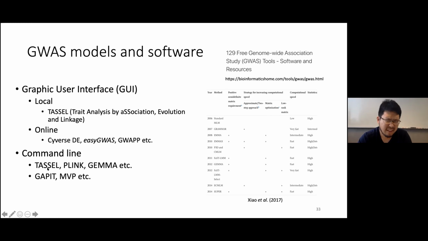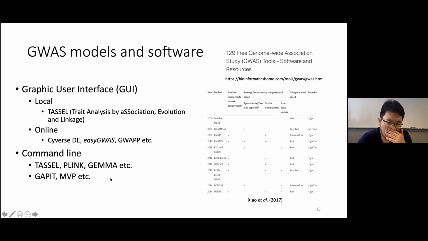And for command line tools, you would have more choices. There is software written in C++ and Java, which is pretty fast, and also software written in R, which is more intuitive but slower. In the later hands-on section, we will go through an example using the CyVerse Discovery Environment.